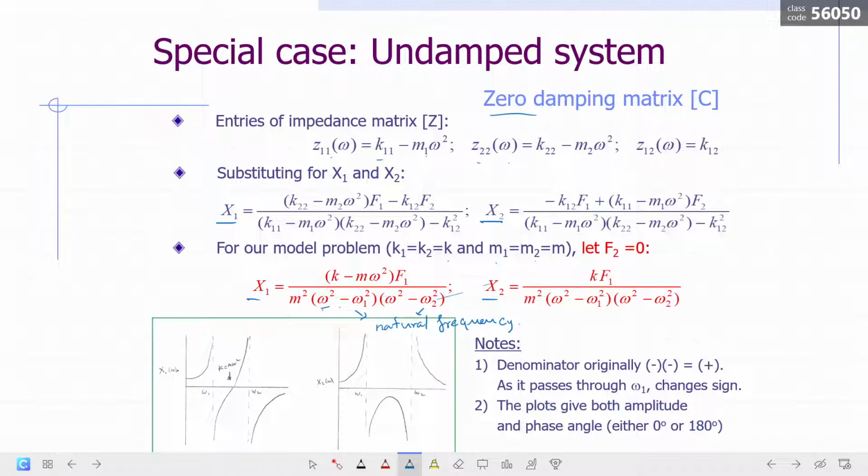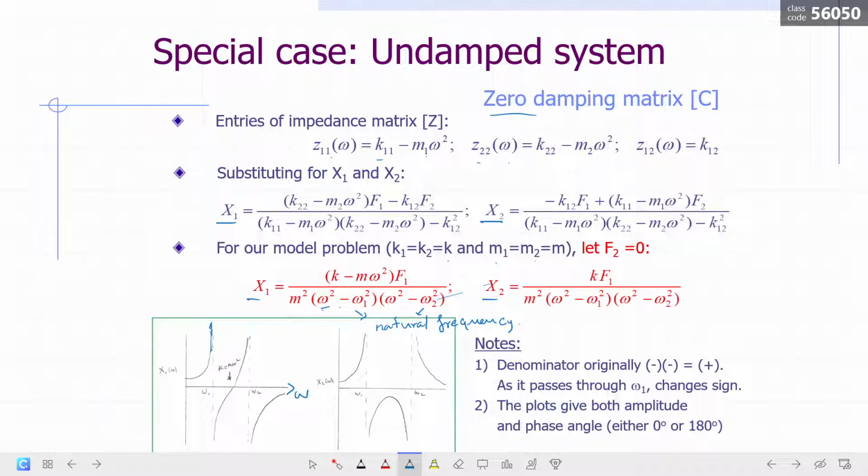So this curve represents the relationship between H1 and the frequency of the input force. Okay? You can see here, if the frequency approaches omega 1, then amplitude h can be very large.